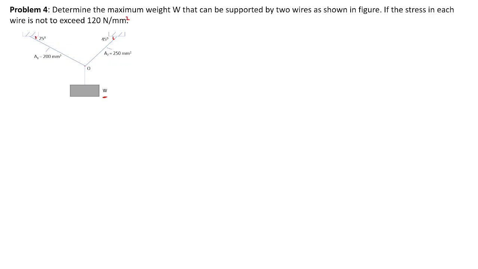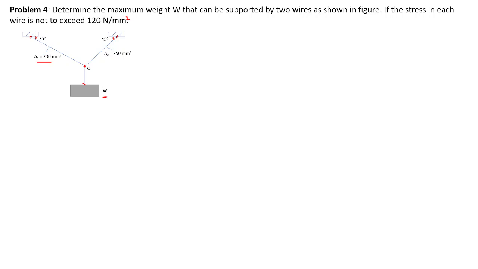So here O is a joint. O is tied to W, and O is also tied to these two points, which are rigid supports. Here are two wires, and the wires have some cross section.